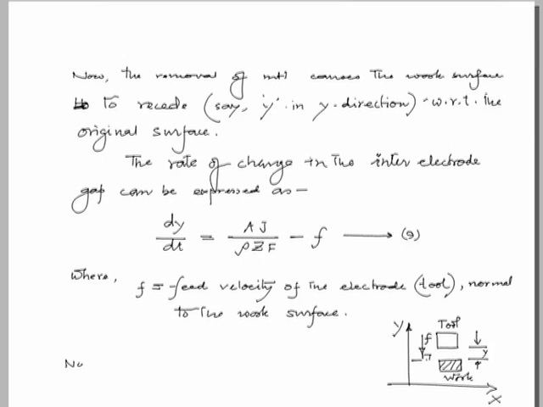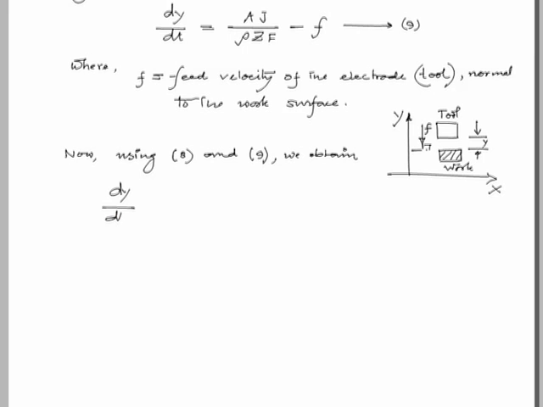Now, using the previous equation, that is 8, and this recent equation, that is 9, we obtain that dy/dt is kappa times A V minus del V by rho Z F, this is 1 upon y, minus f.